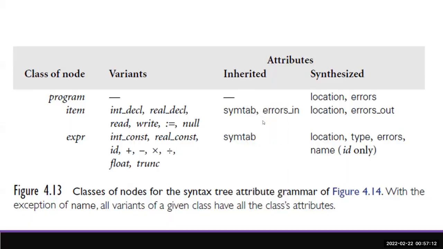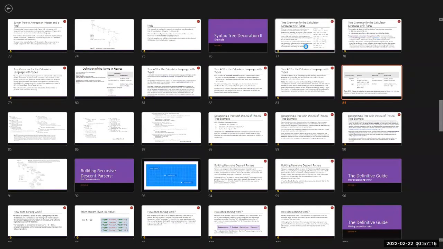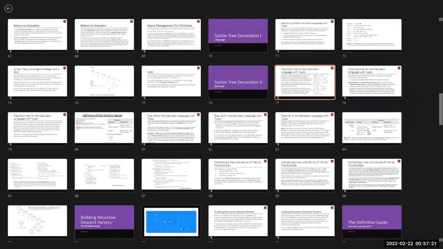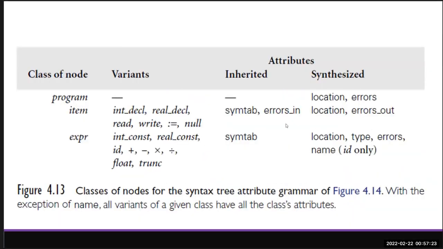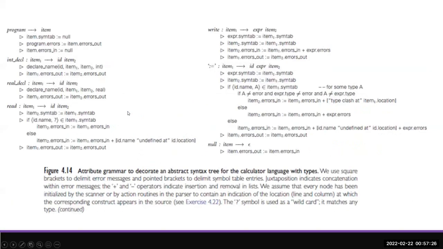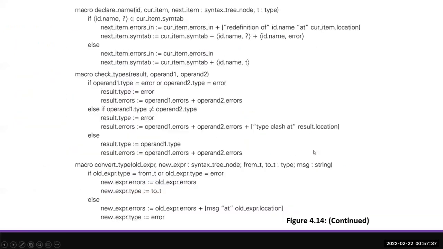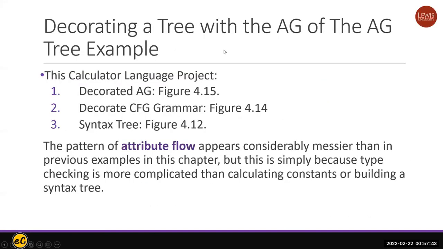Here we slightly modify the syntax of the context-free grammar and attributes to actually create these different variants, and then you design your grammar with the declaration, and then the evaluation functions. After we declare that tree and the context-free grammar, these are the ones for the calculator project.